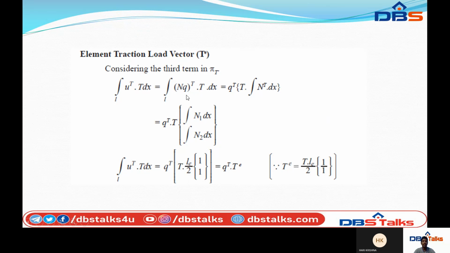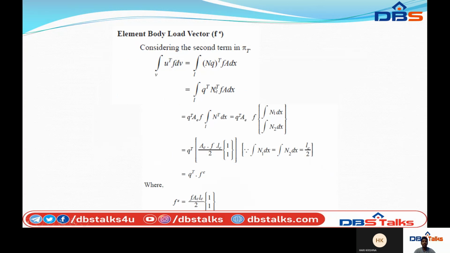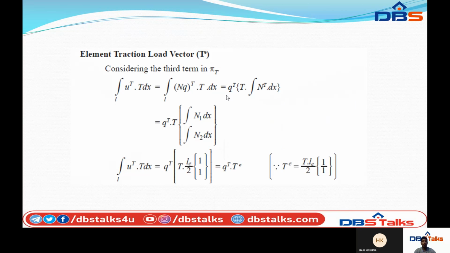U equals NQ, so U transpose T dx is NQ transpose T dx. As we already know from the element body load vector, in terms of FA dx, we are substituting Q transpose N transpose. The same phenomenon is applied here.